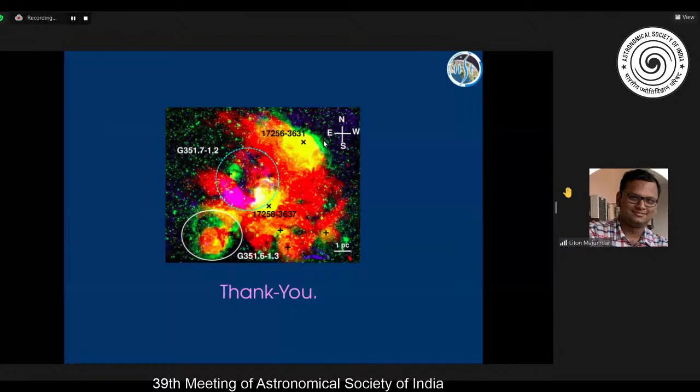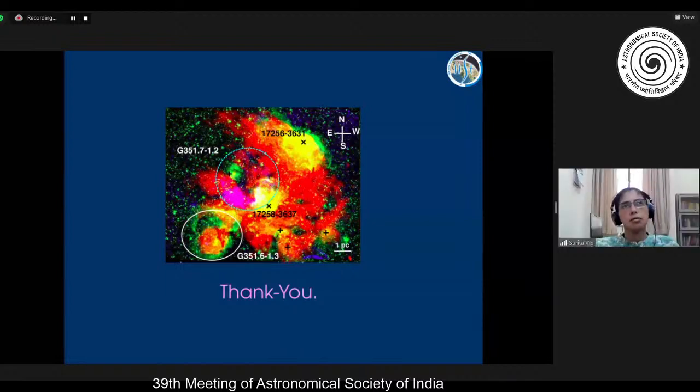I was just wondering, have you thought of studying the protostellar jets in your sources using any molecular emissions? Yes, I have done that for the disks with a group. I have been involved in some such observations, and in fact, I had done some simple modeling also using methyl cyanide.